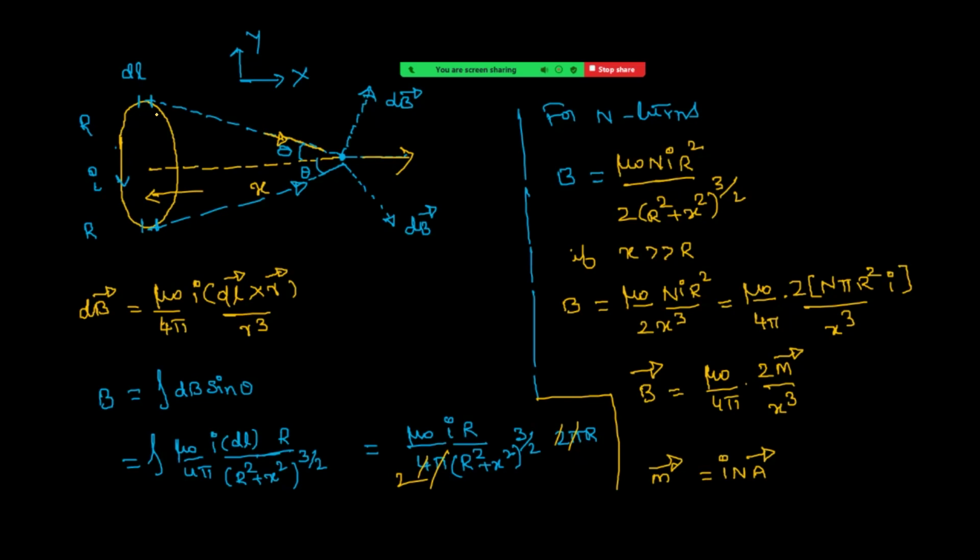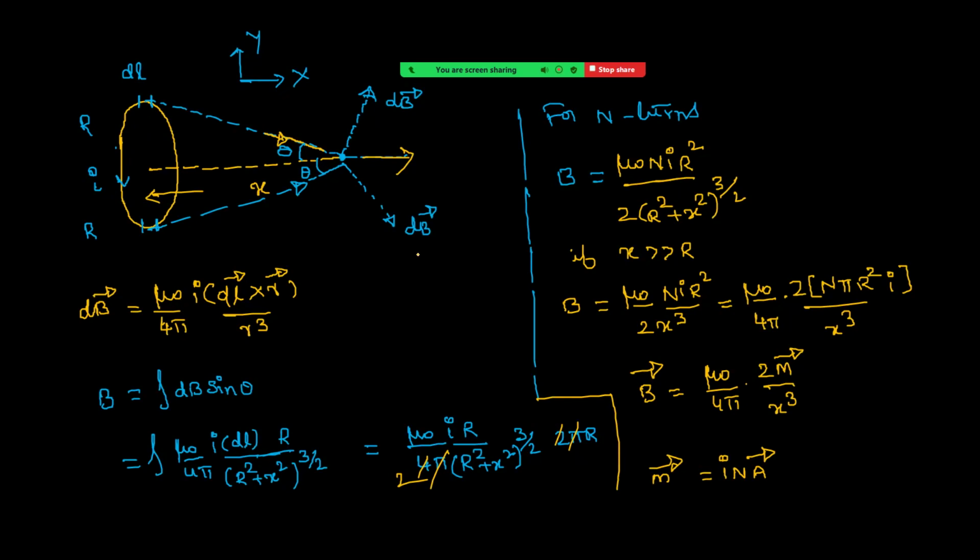If you curl fingers, we have learned in mathematics, the area of a plane is normal to that plane. So here we are taking the direction of current: curl fingers of the right hand along the current flow, then the thumb will be along the positive x-axis.